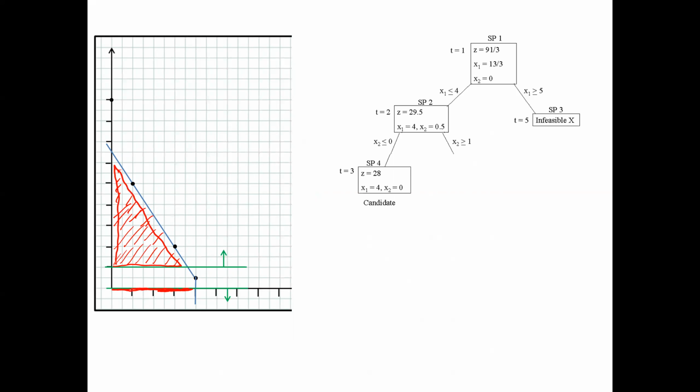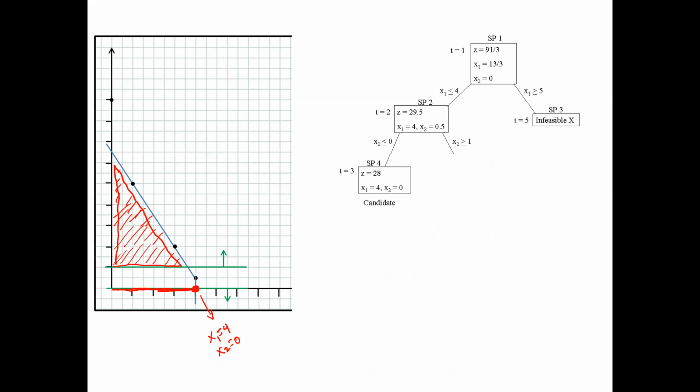If we solve subproblem number 4 using the isoprofit line, that would be this point right here: x1 equals 4, x2 equals 0. That is an integer solution, so that is a candidate solution.